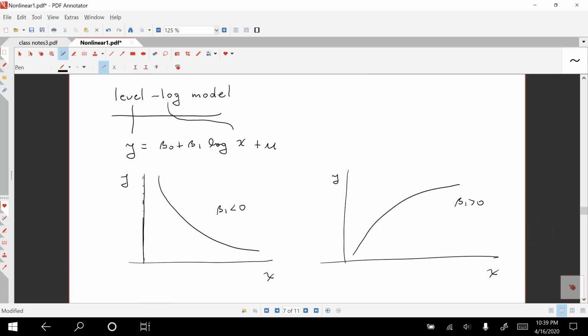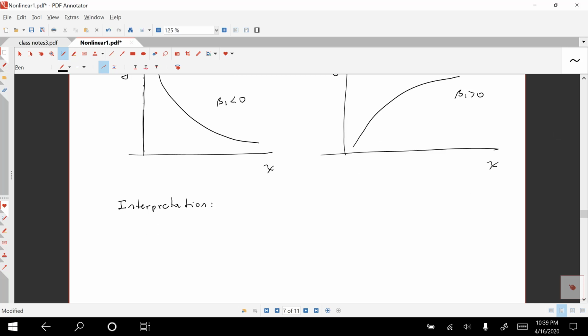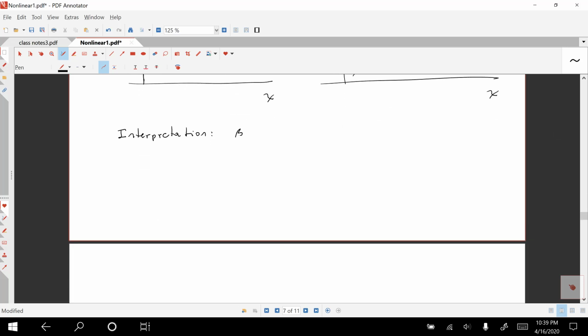For beta naught, we're going to say that that's the average value of y when the log of x is equal to 0, but the log of x being equal to 0 might be meaningful or not meaningful, so we don't emphasize much the interpretation of beta naught. For completeness, we can say that it's not very useful, and we focus on the interpretation of beta 1.